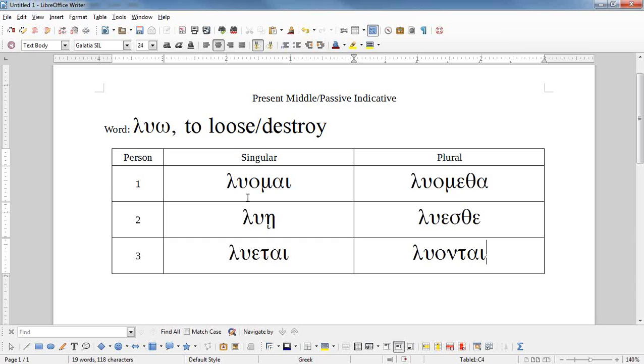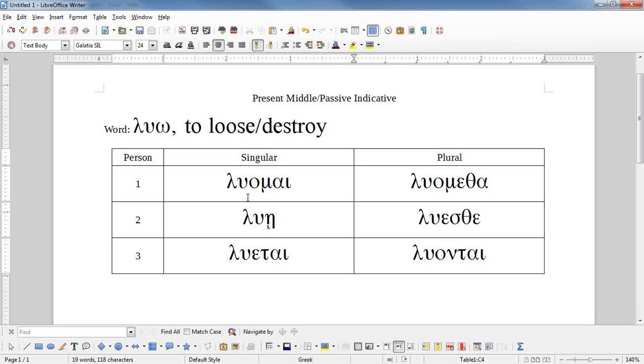Good. Let's do plural next. Luometha. Lueste. Luontai. Luontai. Okay, good. So that is our present middle passive indicative.